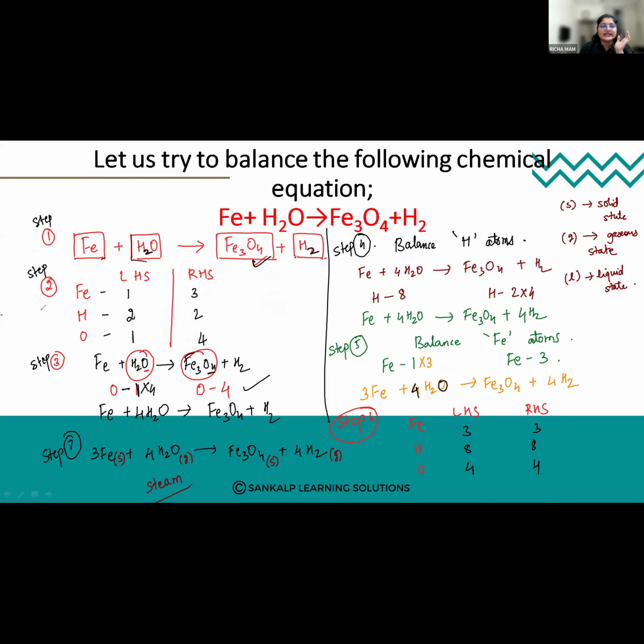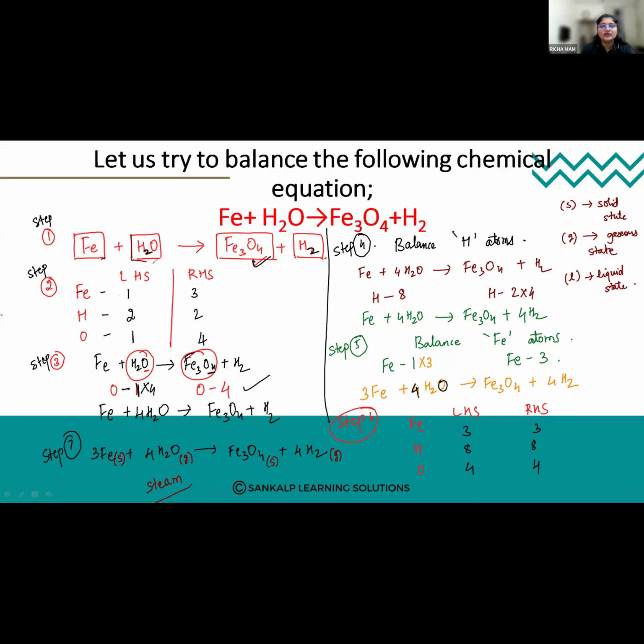Second step is to calculate the number of atoms of each element. We have to see which elements are present: iron, hydrogen, oxygen. We look at the left hand side and the right hand side. On the left hand side, how many iron atoms are there? 1.